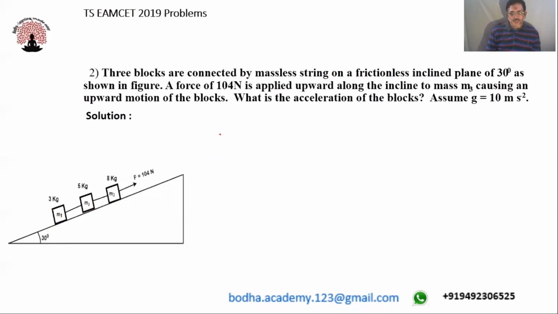For the sake of simplicity, this diagram I'll redraw as a body pulled up an inclined plane. I am considering a body of mass M which is pulled up the inclined plane with a force F. The angle of inclination is theta, which is equal to 30 degrees.